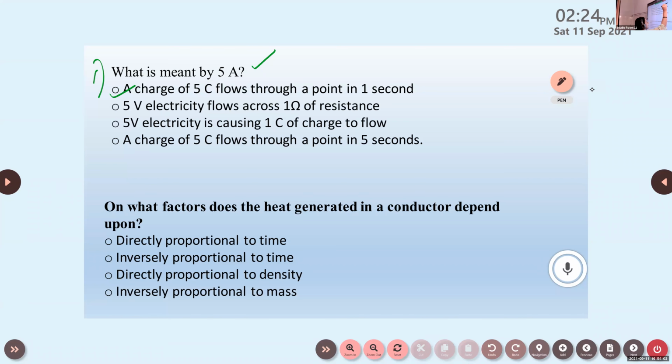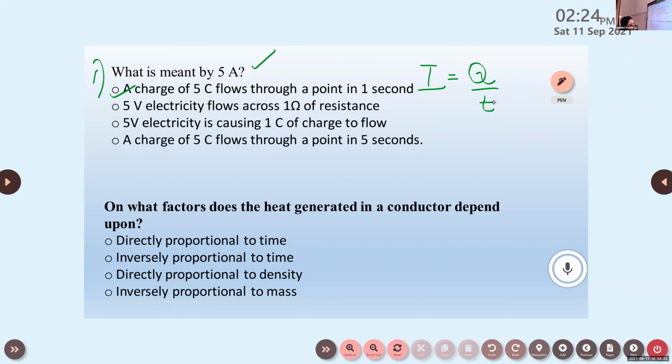What is the equation for calculating the current? I is equal to Q by T. Because electric current is the rate of flow of charge. The rate of flow of charge is known as electric current.